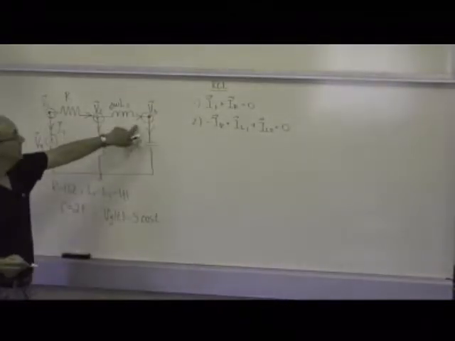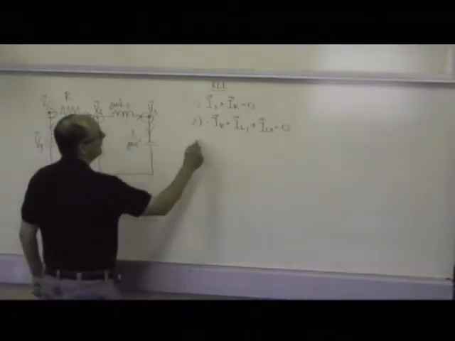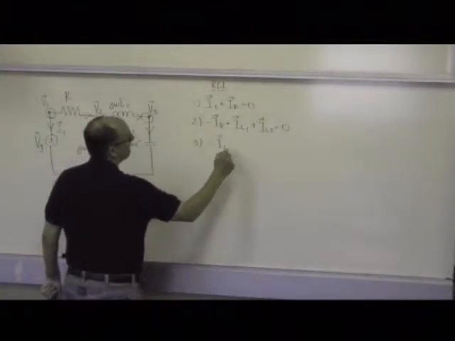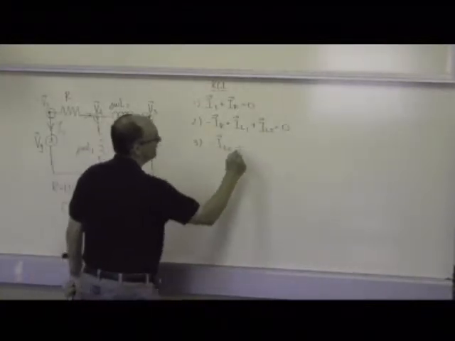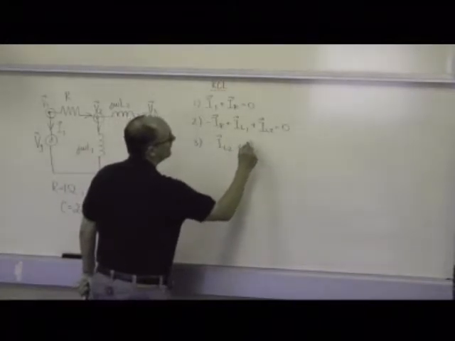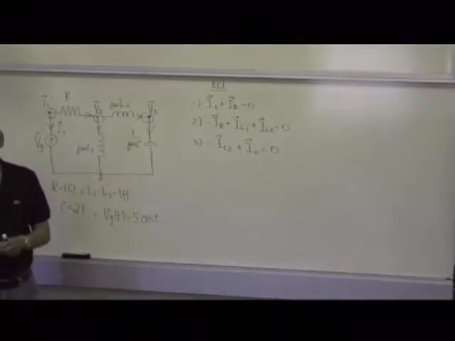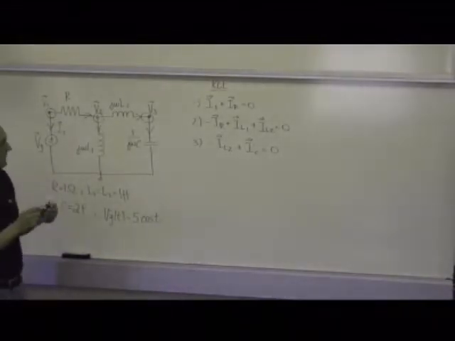And then finally, node 3: minus IL2 plus IC equals 0. So those are my 3 basic equations that follow from Kirchhoff's current law.